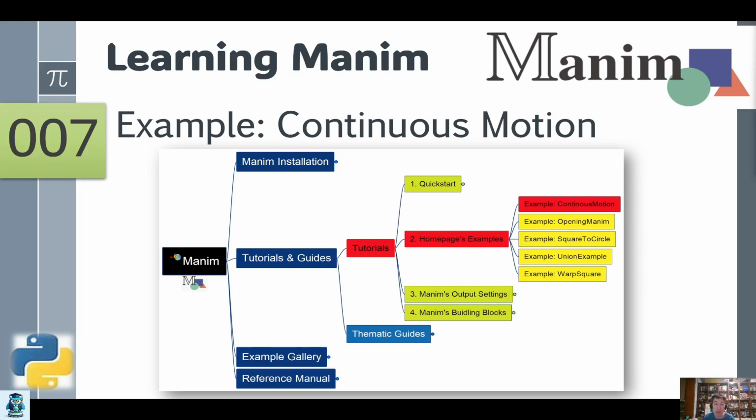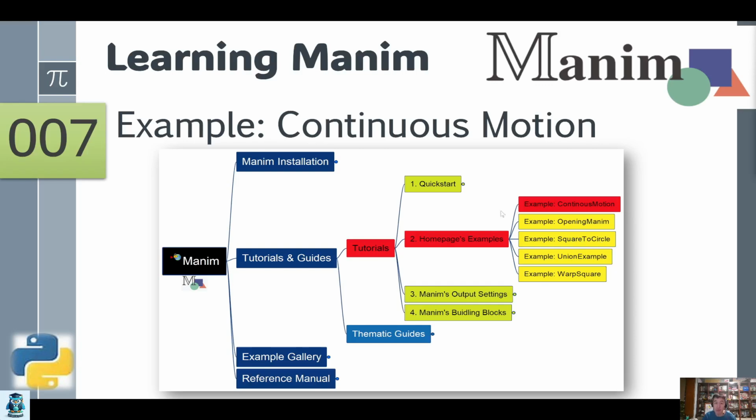Some of the syntax we did not mention during the earlier quick start, but during our testing, I hope we can get some ideas before we go to the reference manual later on to see all the syntax in detail. So there are 5, and you can see this one is a continuous motion, and also we have the opening Manim, square to circle.